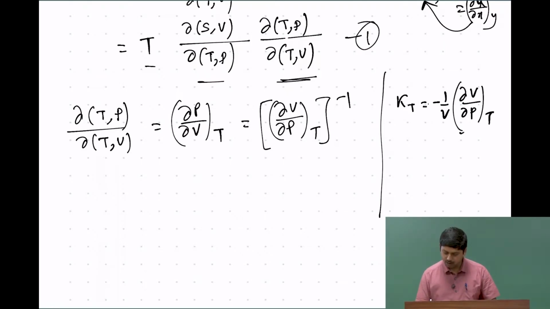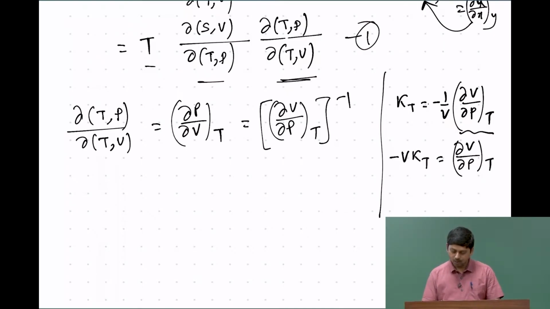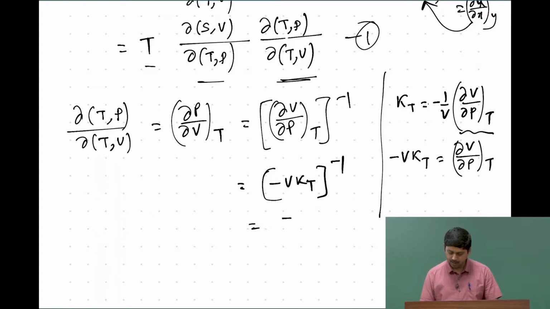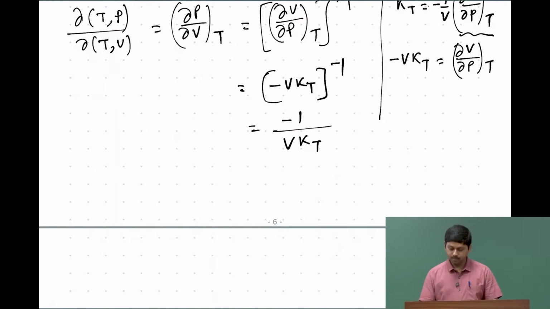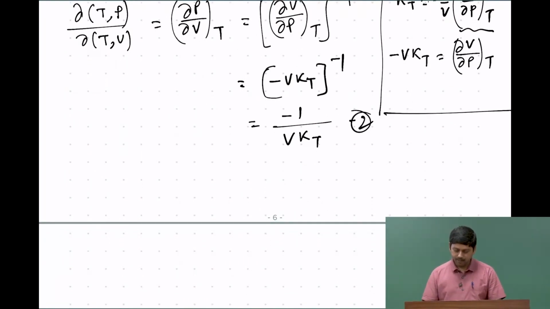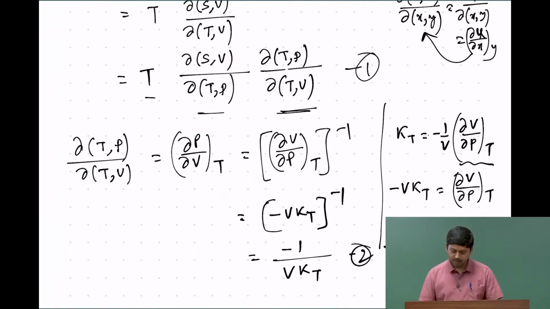Therefore, del V by del P at a constant temperature is minus V kappa T. So, I can write that as the inverse of minus V kappa T, which is nothing but minus 1 by V kappa T.